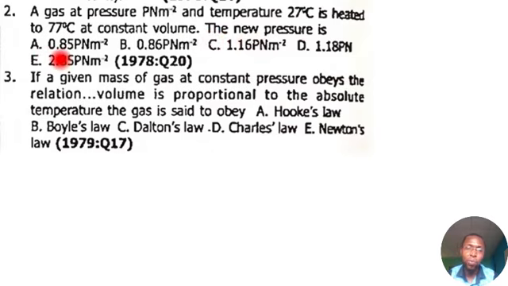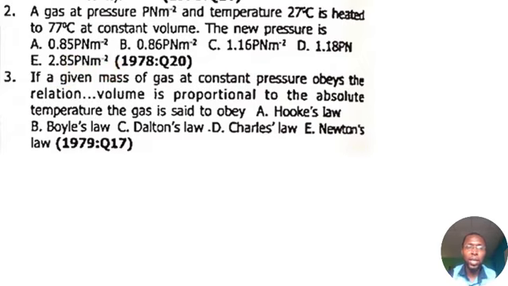A: 0.85 P Newton per meter squared, B: 0.86 P Newton per meter squared, C: 1.16 P Newton per meter squared, D: 1.18 P Newton per meter squared, E: 2.85 P Newton per meter squared. So let's begin to solve this question one at a time.